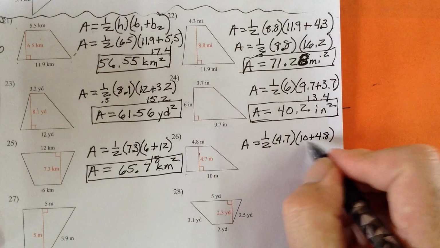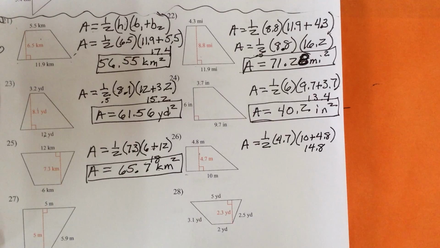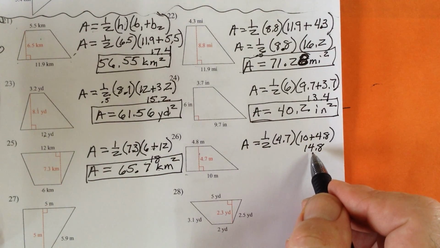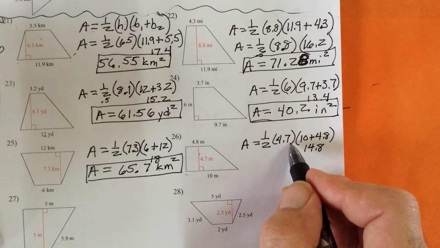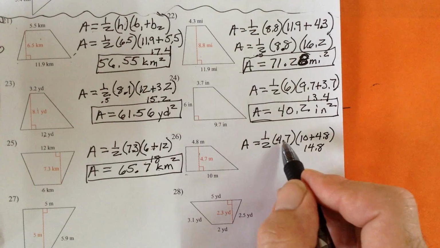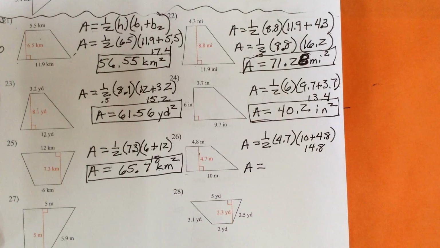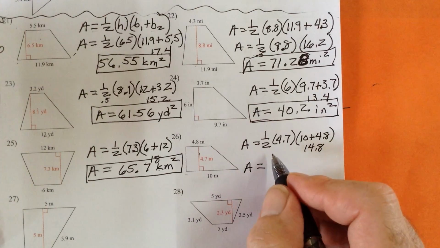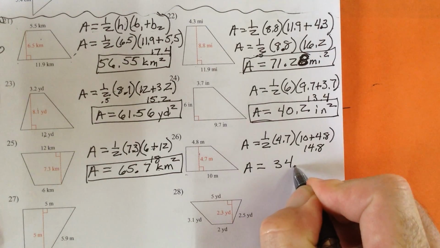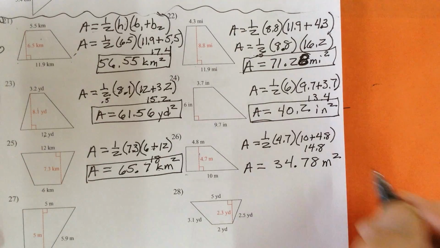I first add up the parentheses, which is 14.8, and then on the calculator 14.8 times 4.7 divided by 2, or 0.5 times 4.7 times 14.8, and when I did that on the calculator, I ended up with 34.78 meters squared.